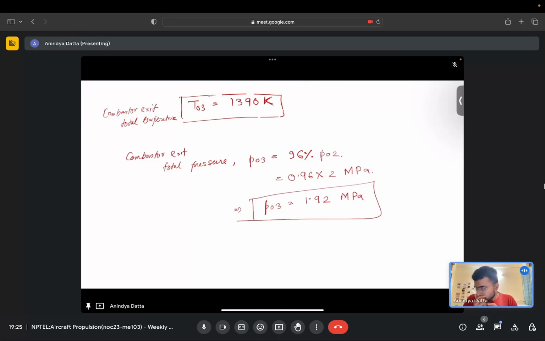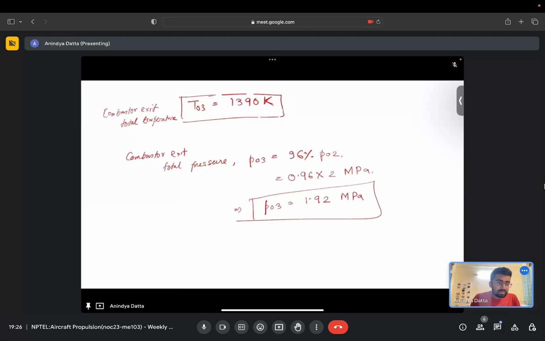Any questions? What I did in the last two problems was to show you that when we have a real cycle, how we do the calculations for a compressor, and then a calculation for a combustion chamber.